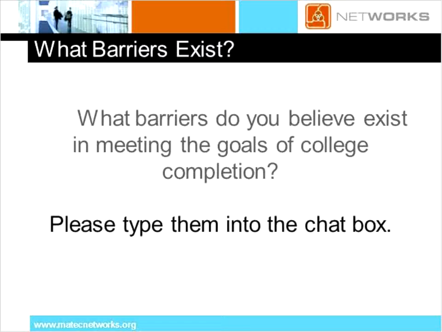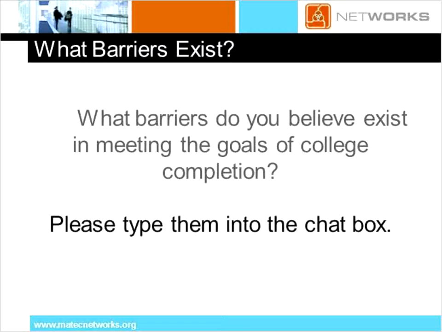And this opportunity that presents itself also has barriers. So when we think of those job goals that John just talked about, I'm posing a question to you, and I'd love for the audience members to type it in the chat box to the left. What barriers do you believe exist in meeting the goals of college completion? You can speak specifically about your school.